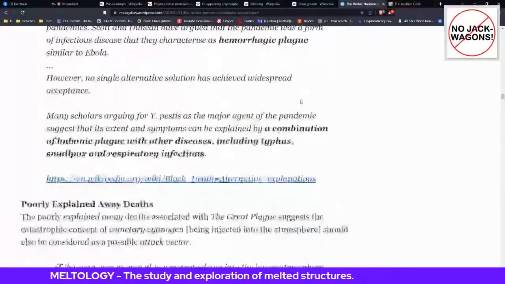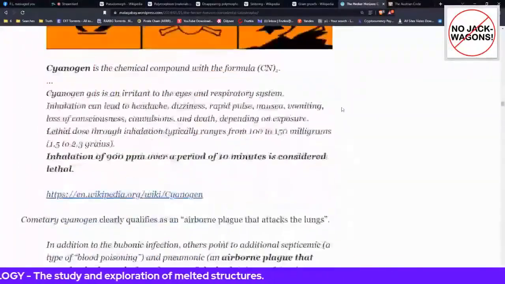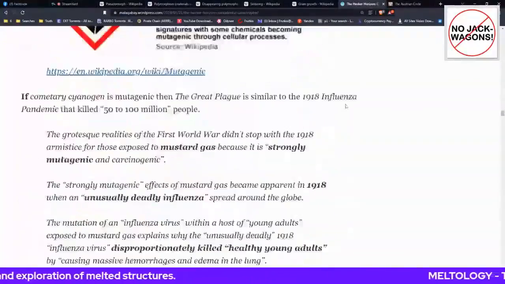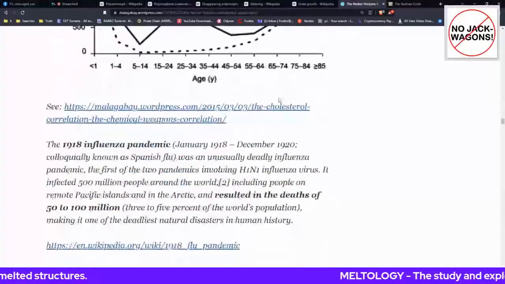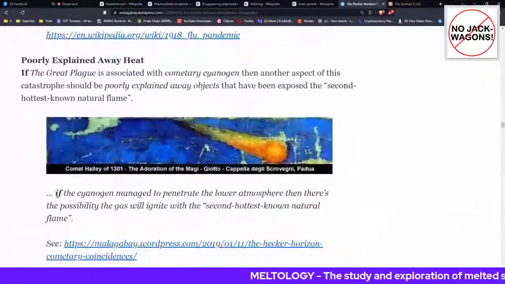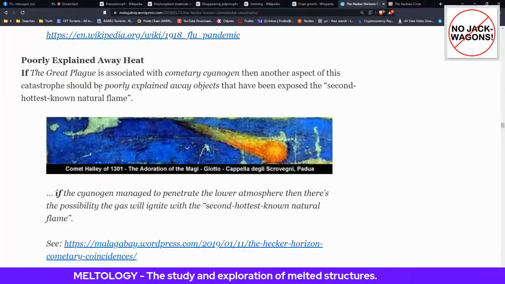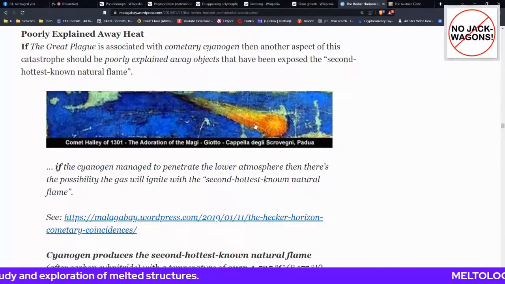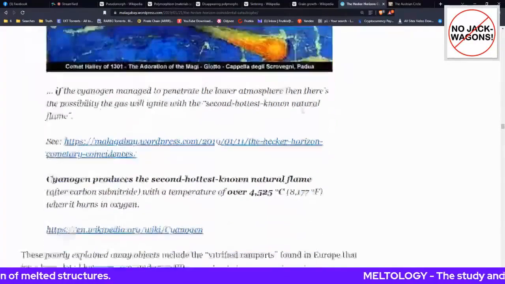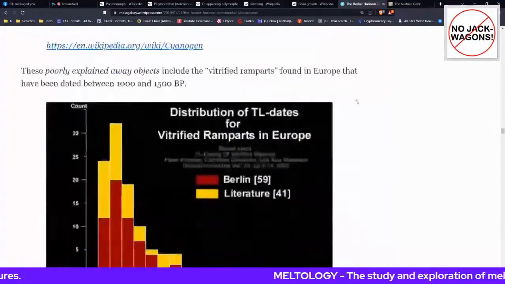And it goes all about these deaths, these plagues everywhere, but that's poorly explained away. They say, probably this comet made the heat. Blame it on the comet.